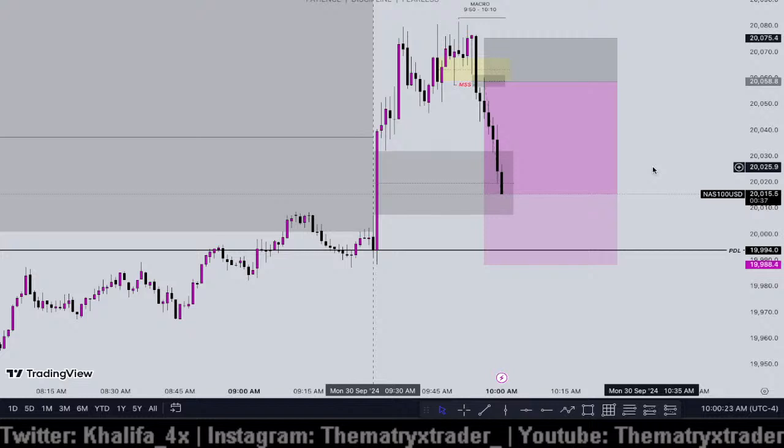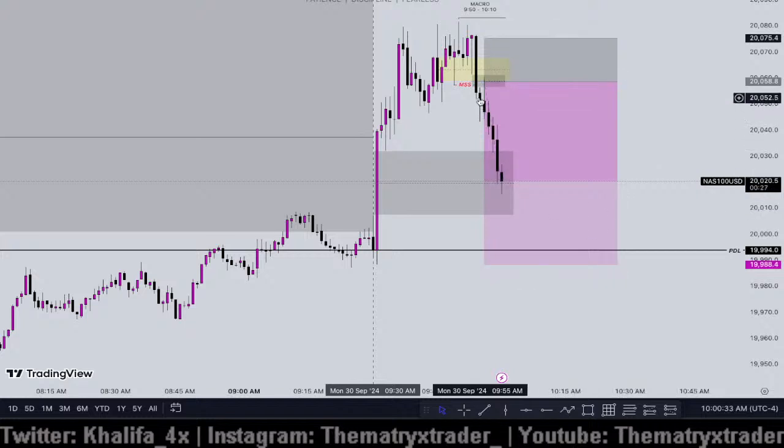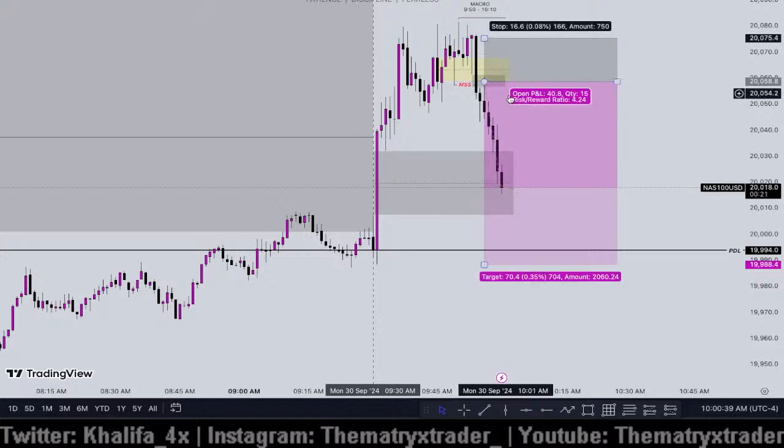Alright. If you took the real nice entry, I gave this trade when the price action was at this point, alright? And I put the position tool as well.